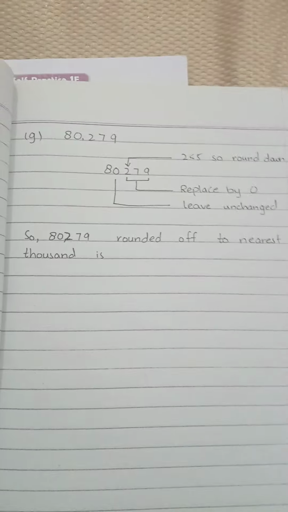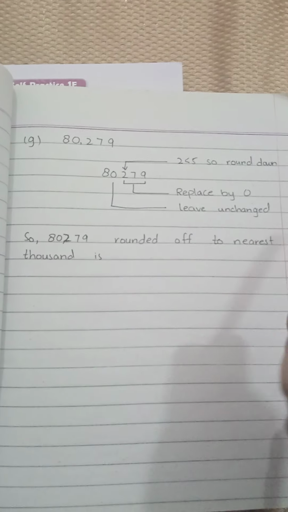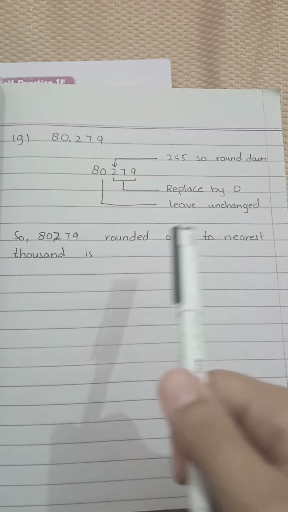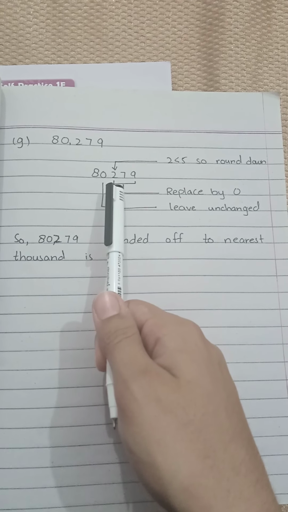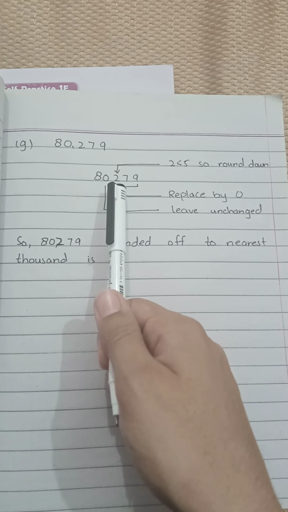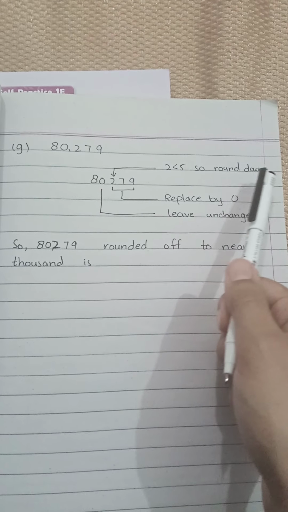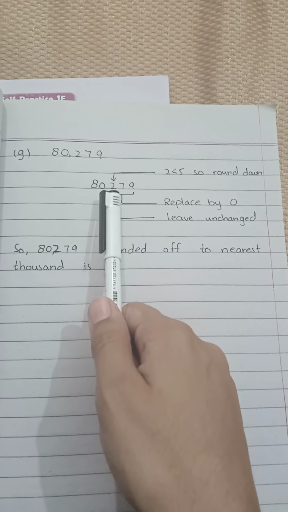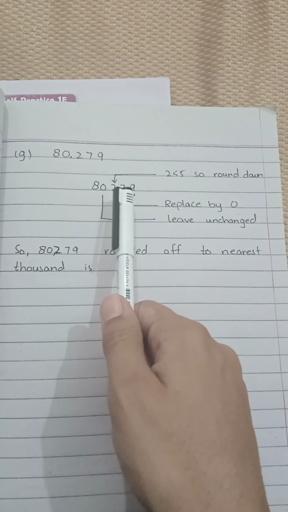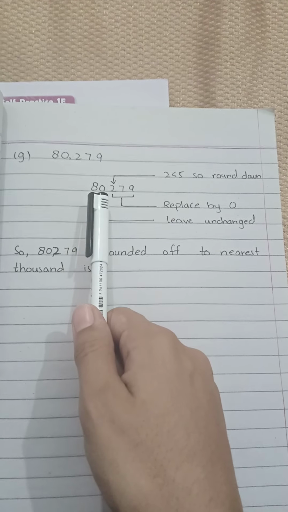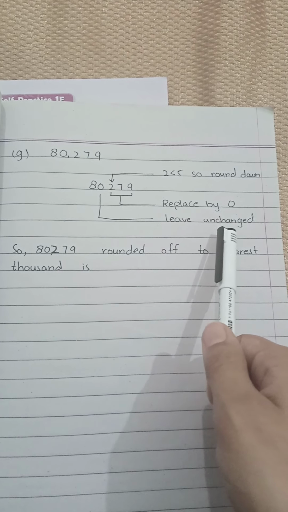Next I have done its G part to tell you how to round down. Its G part is 80,279. When we look at the hundreds place value, it is 2 and 2 is less than 5, so we will round down. These three numbers, tens, hundreds and ones, will be replaced by 0, and the thousands number will be left unchanged.